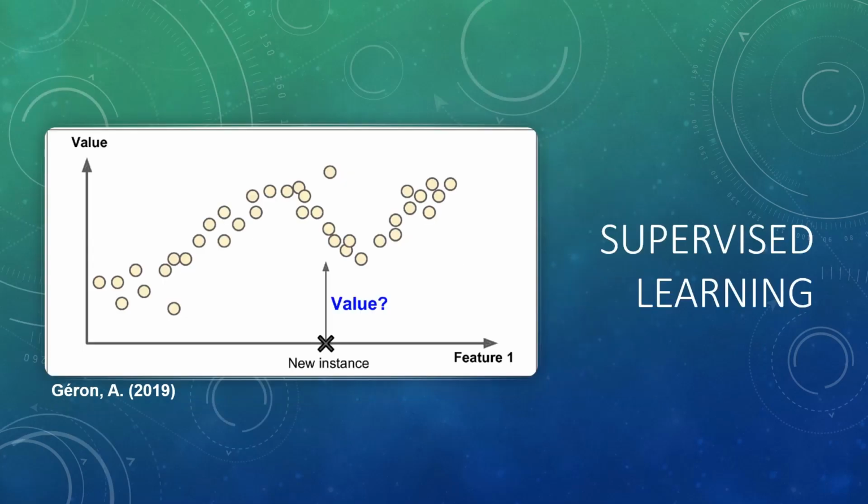Here is another example of supervised learning. As you see here, the y-axis is the one that we are trying to predict, for example the value of something, let's say the car price. Again, as the algorithm is working, it will take into account the value presented on the y-axis. This information is considered.